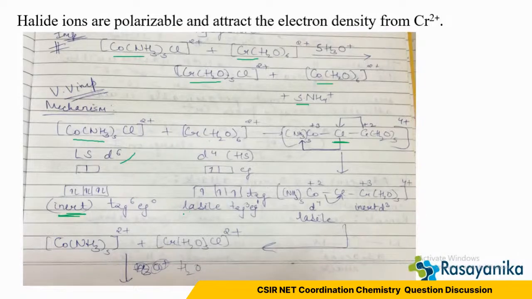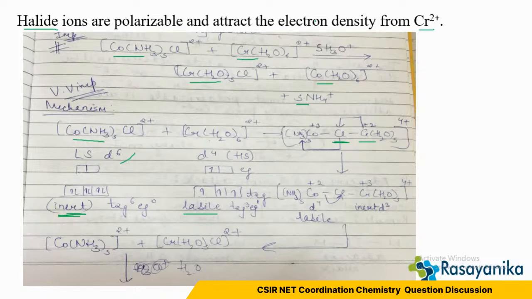So this one is labile, right? So the electron transfer takes place from the eg of this complex to the eg of this. You can see here that chromium is in the +2 oxidation state. It will transfer the electrons to Cl and this Cl will transfer the electrons to cobalt. You can see that halide ions are polarizable and attract the electron density from chromium 2+.